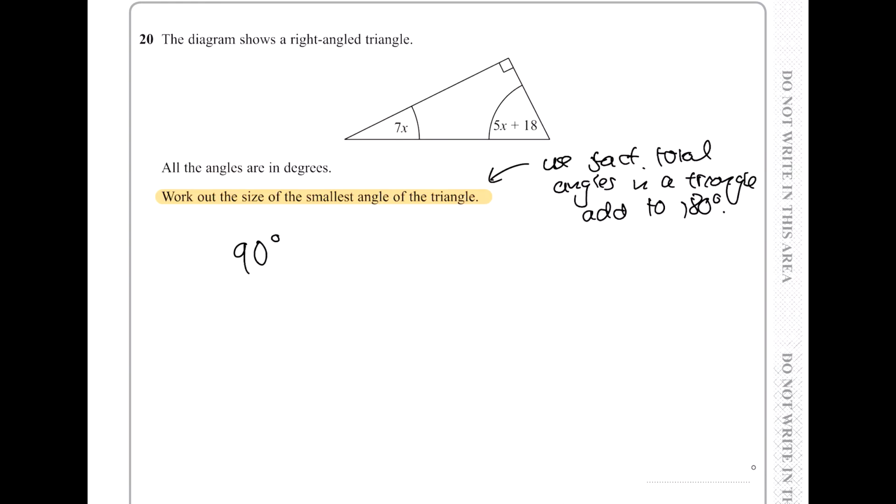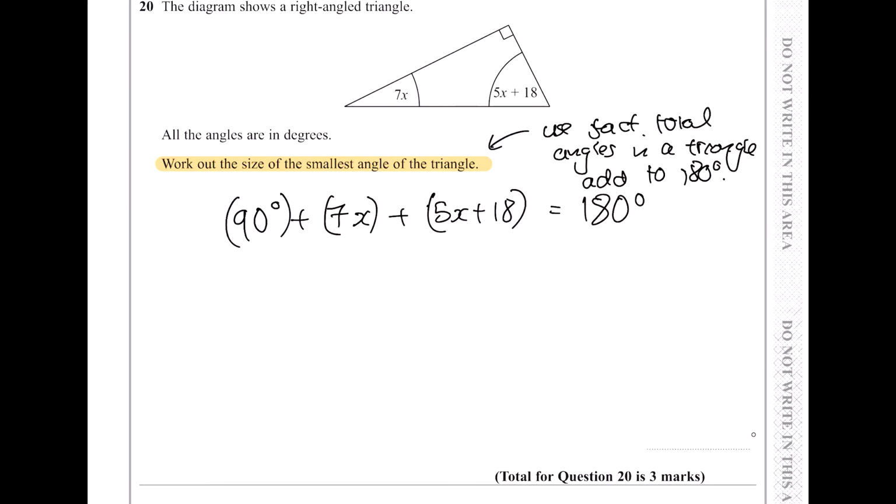So we've got 90 degrees plus 7x plus another 5x plus 18. Again, we'll put those in brackets if you want. And all of those added together gives us 180. Rearranging, we'll do it in one step instead.